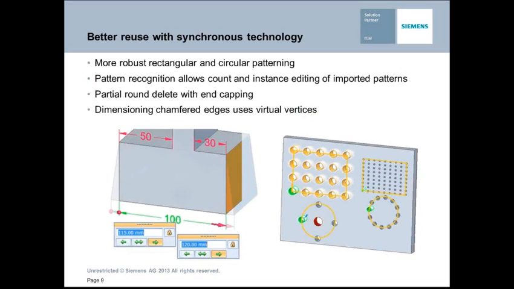Besides the interoperability or ability to grab faces between parts inside an assembly, we've also enhanced other aspects in the part modeling, such as now not only do we recognize holes on part input, and by the way, if any of these topics are coming up and you're thinking, well, I didn't know you could do that, well, maybe it's time to think about doing a little bit of training here.